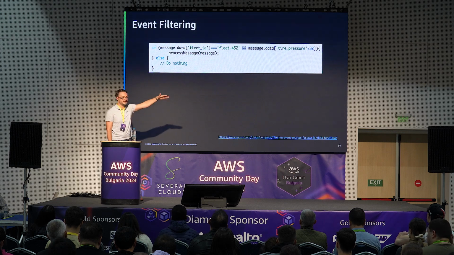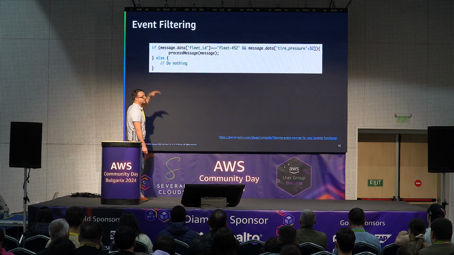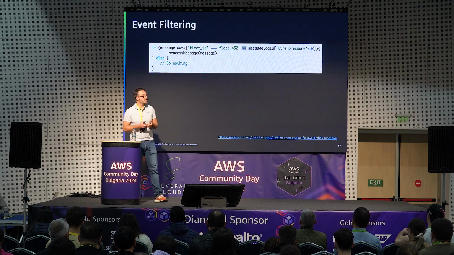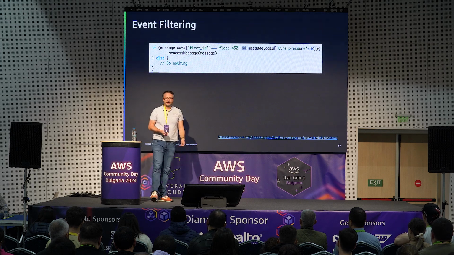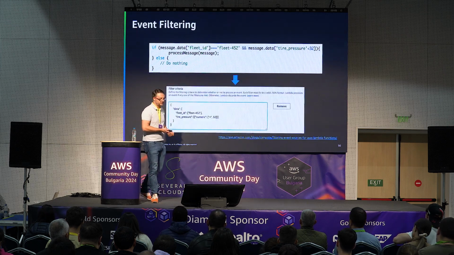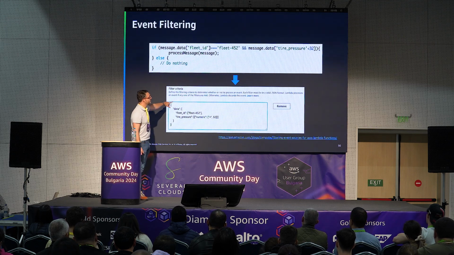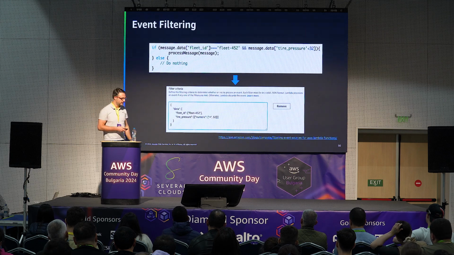You consume events from SQS or from Kinesis or whatever, and then you need to process only specific ones. So you maybe don't need to process all of them. So you write some if logic inside your Lambda function. But you can also put this logic now in the filter of the event source mapper.